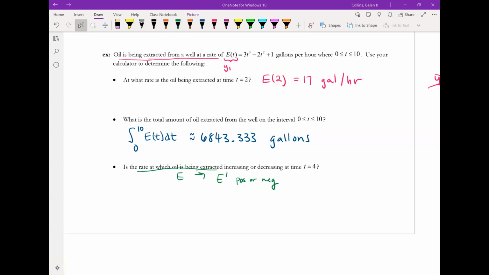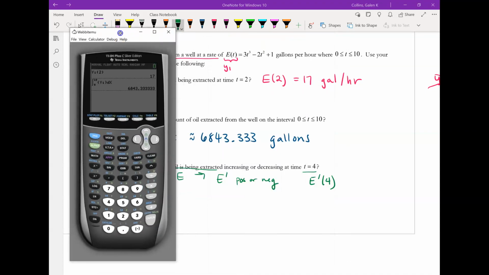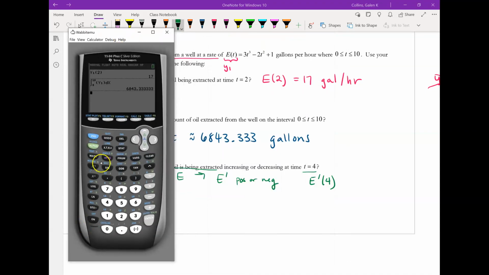We can also use the calculator to evaluate the derivative at a particular value. So since we need to know specifically if E prime of 4 is positive or negative, in our calculator, we go to math, and if you see option 8 where it says nDeriv, select that.